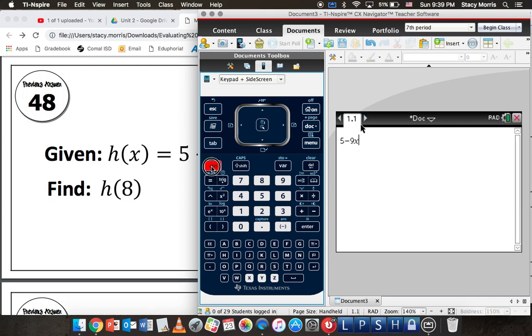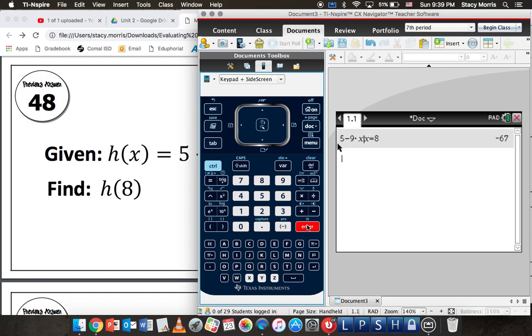And then I can push control equals and the vertical line. That tells my calculator I want to evaluate this expression when x equals 8. They replace the x with an 8, so x equals 8. All my calculator is doing is taking that 8 and plugging it in right there for that x, and it simplifies.